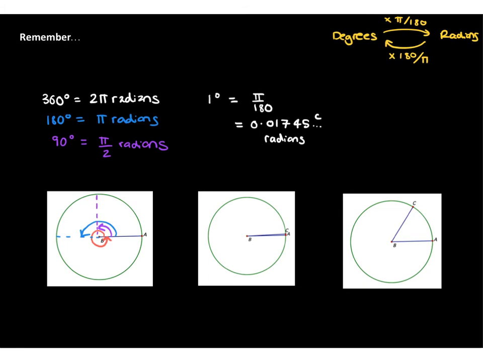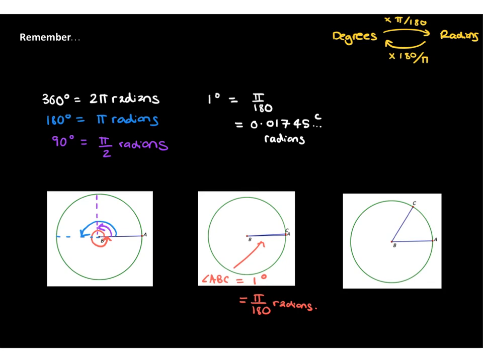Now that's visualised in this diagram over here. So you can see there's a tiny angle here in the sector, and that's angle ABC, which is equal to 1 degree, which is equal to pi by 180 radians, or 0.01745 radians.